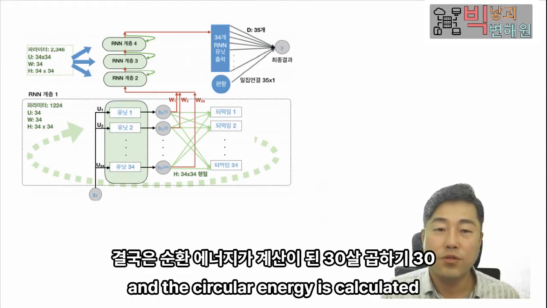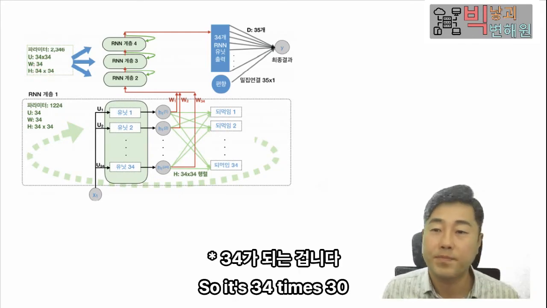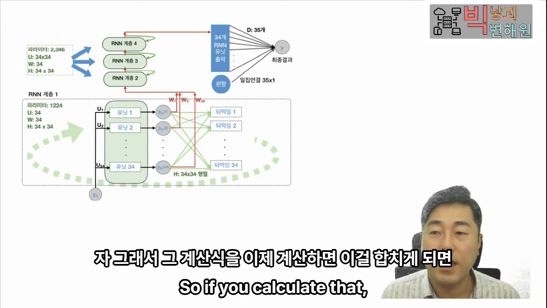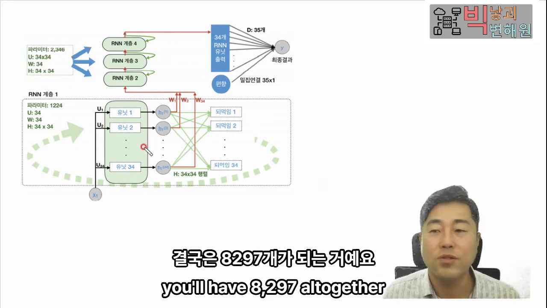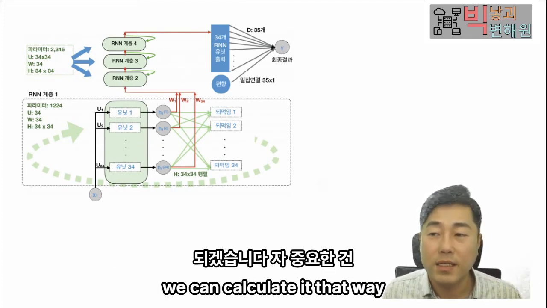And the connections are calculated by 34 times 34. So if you calculate that, you'll have 8,297 altogether.